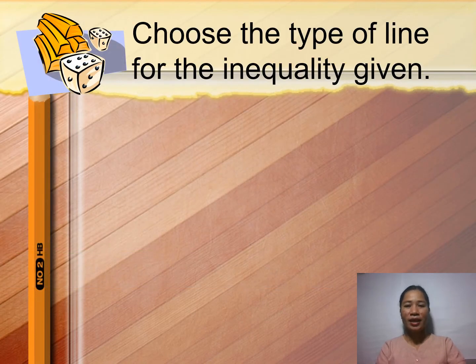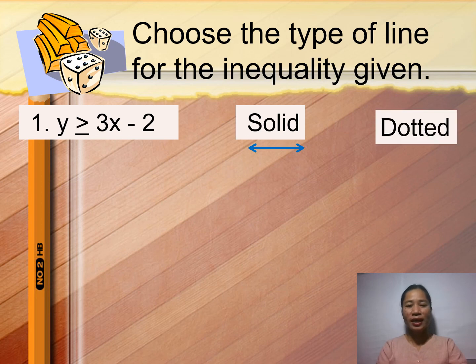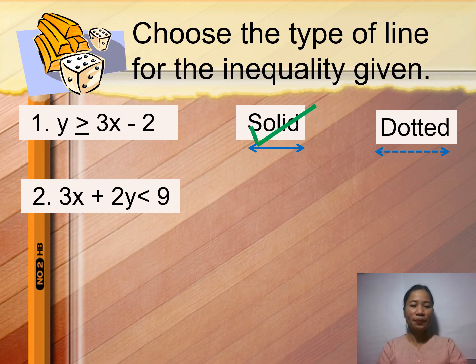Next, choose the type of line for the inequality given. Okay. y is greater than or equal to 3x minus 2. Is it a solid line or a dotted line? It is a solid line. Bakit solid line? We use the symbol greater than or equal. Okay, next. 3x plus 2y is less than 9.